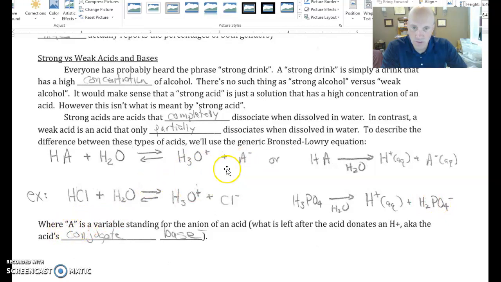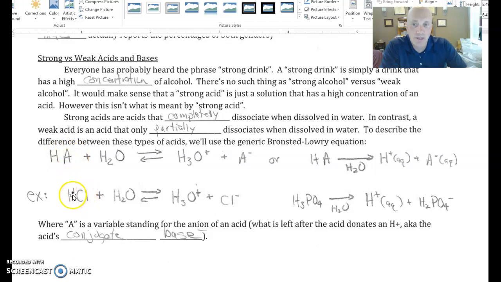All right. You notice that in the generic equation, they have this thing A minus. All right. And A is just a variable that stands for the anion of the acid. And remember, an anion is a negative ion. So in any acid, if you were to think of it like an ionic compound where H is H plus, what is left would be a negatively charged atom or molecule.